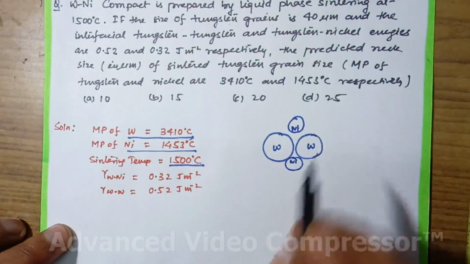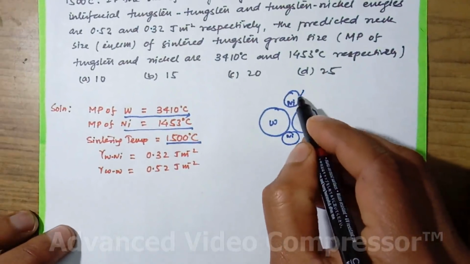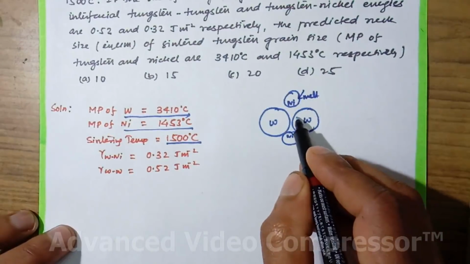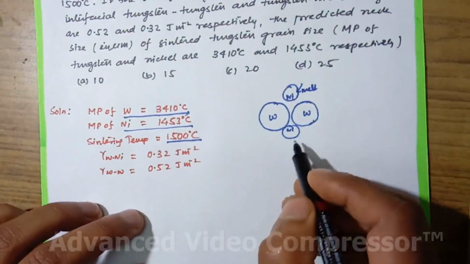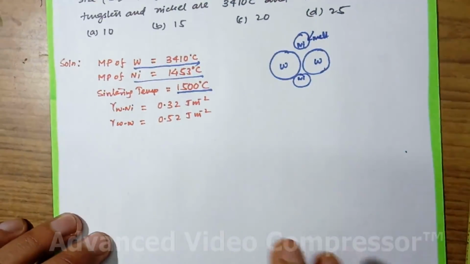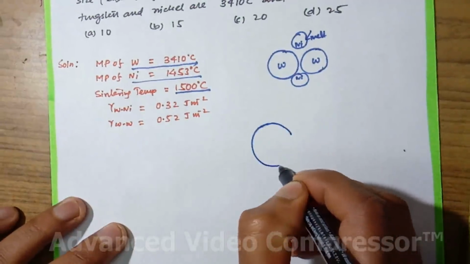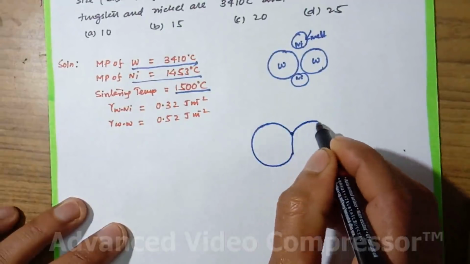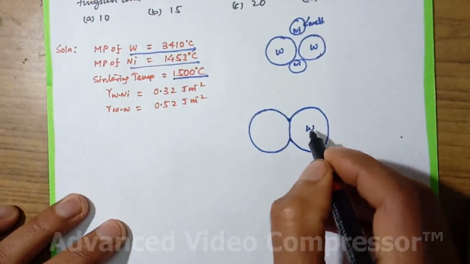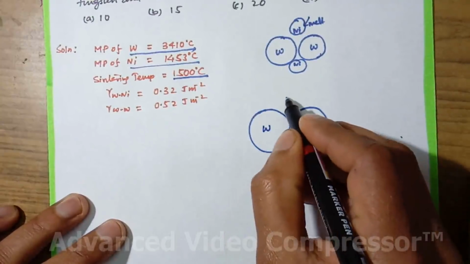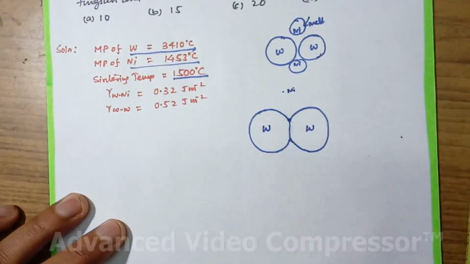Okay, and when sintering takes place, this nickel will melt and the tungsten particles will fuse together. So after this, the structure will look like this. This is a tungsten particle, this is tungsten, and here is molten nickel. So nickel will be in the molten stage.